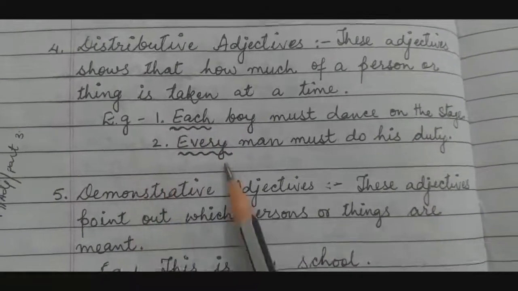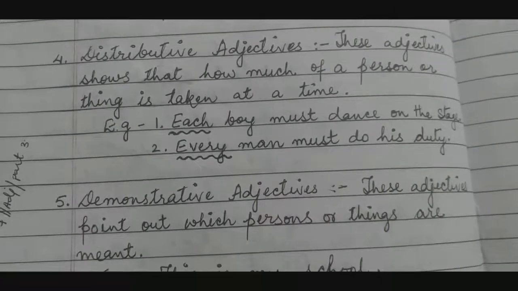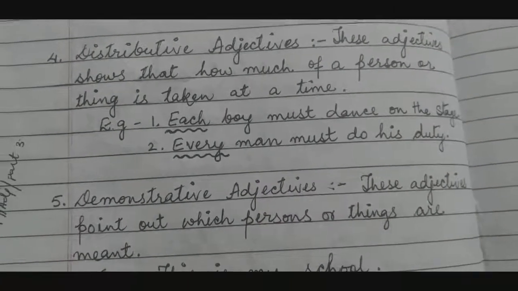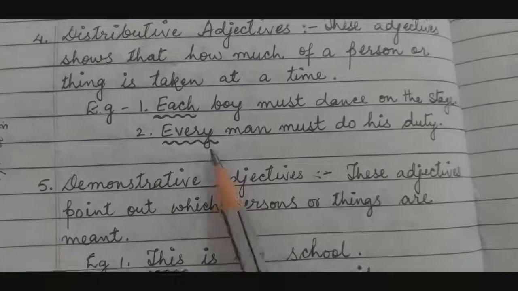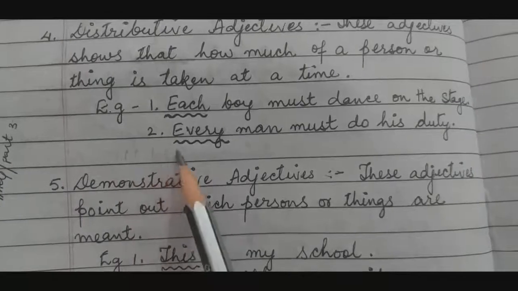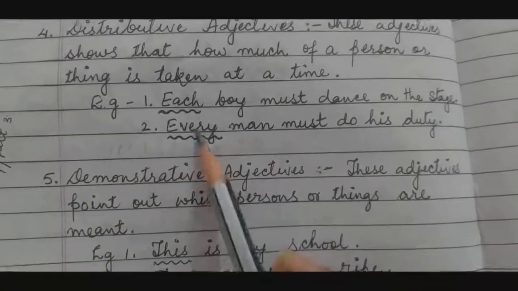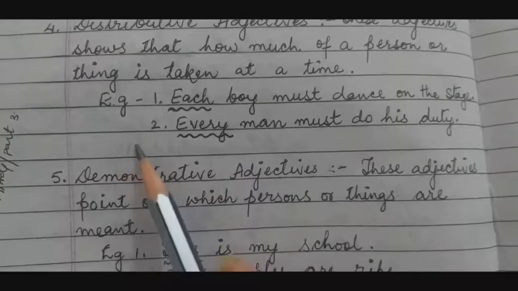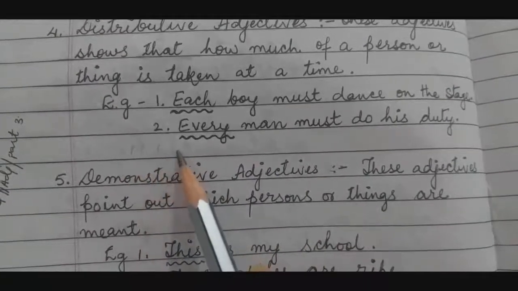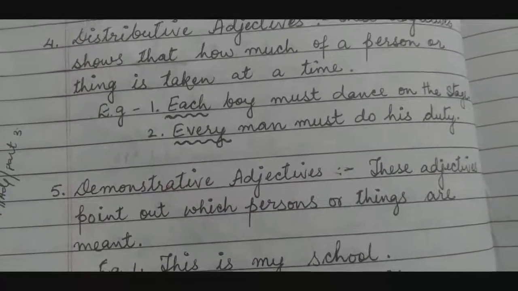Number 2, every man must do his duty. कितने लोगों को अपना ड्यूटी निभानी है? हर एक व्यक्ति को. Every means 1 2 3 4 5 6, in this way thousand men. So every man means this man also, this man also, this man also. In this way every man must do his duty.